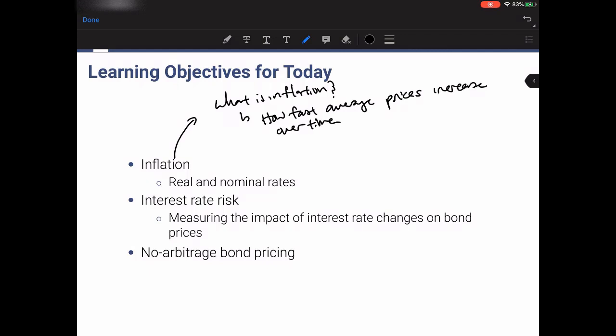So this could be asset prices, commodity prices, consumption prices, everything. And this will impact how fast inflation will grow over time. Okay, so that's kind of the abstract definition of what inflation is.